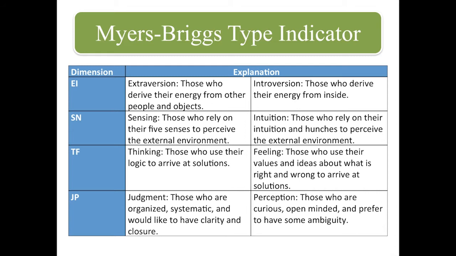So this is another way to think about personality as well. And what this can be really useful for is understanding your own personality relative to those around you. So often in organizations, people will take these and then share the results so that they can understand one another and their work styles better.